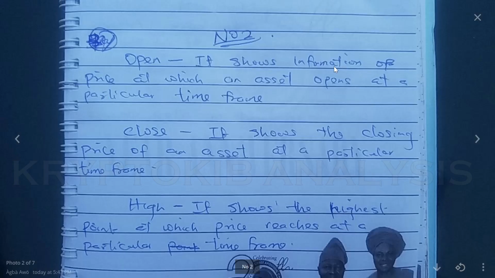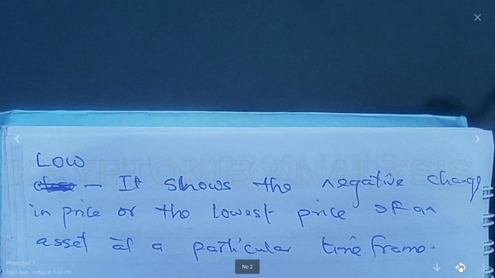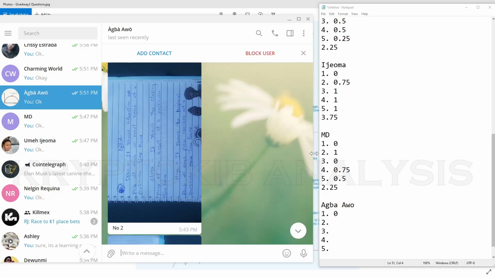Open, it shows information of price at which an asset opens at a particular time. Okay. Shows the closing price. Okay. It shows the highest point at which price reaches. Okay. Low, it shows the negative change in price or the lowest price of an asset. Okay, that's correct. So that one is full point there.